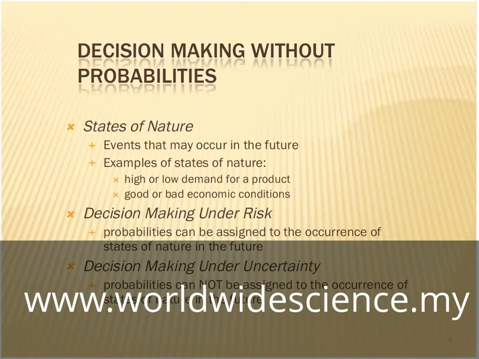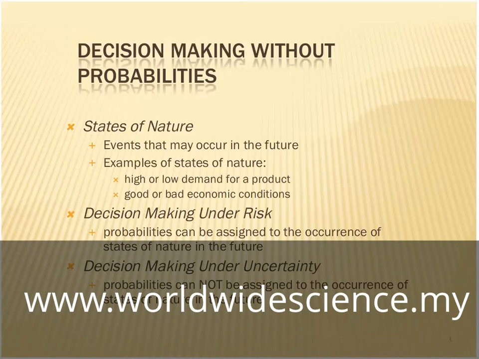So the situation for making a decision under uncertainty is completely different, and we want to discuss this. At first, imagine you want to make a decision under uncertainty. You don't want to consider risk. Only there is uncertainty, because you don't know. You cannot allocate probability to each of the states of nature.